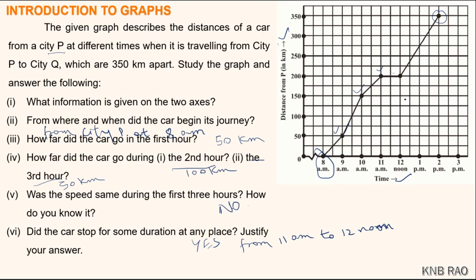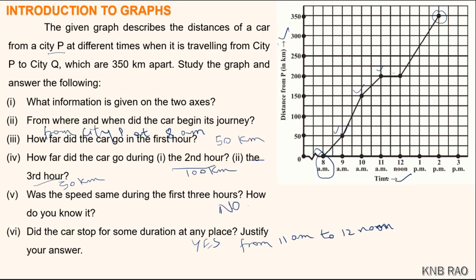We find the car was 200 kilometers away from the city P when the time was 11 AM and also at 12 noon. This shows that the car did not travel during that interval, 11 AM to 12 noon, children, because the line segment representing it is parallel to the horizontal axis.